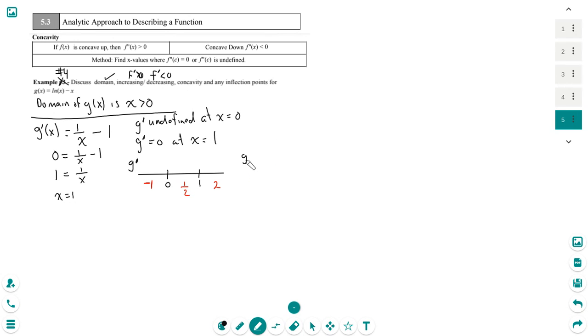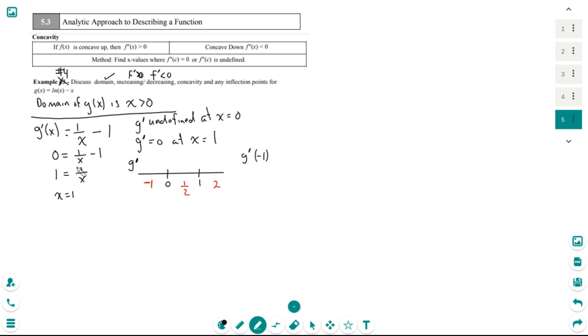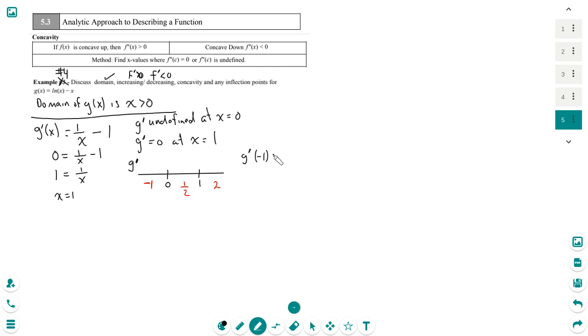So g prime of -1. All right, so it goes into here. So 1 over -1, that's -1, and then minus 1. Well, that produces a negative number. So g prime is negative in the first interval. Now g prime at 1/2.